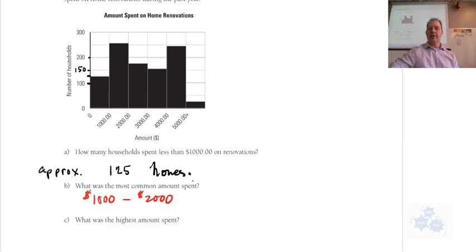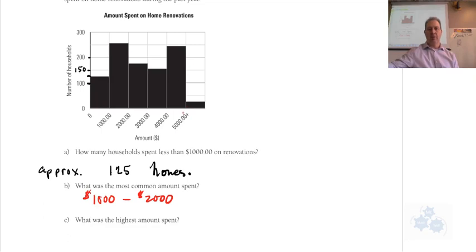Okay, what was the highest amount spent? Do you have an answer for that? Remember, this is the amount over here. So the highest number I see is 5,000 plus. So what is this 5,000 plus?